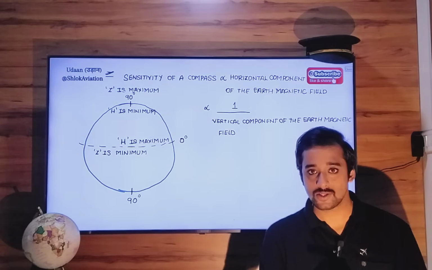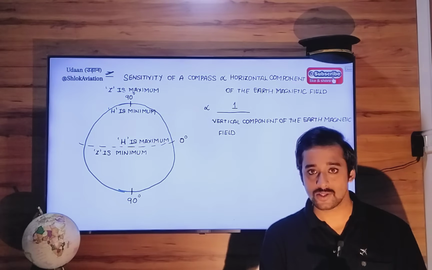As a result, the magnetic compass, which is directly dependent on the horizontal component, becomes less and less reliable as you go near the polar regions or to higher latitudes. So here the sensitivity can be affected. Sensitivity is nothing but the working mechanism. It can be affected by the horizontal component, the vertical component, both of the above. So the correct answer is option Charlie. It is affected by the horizontal component as well as the vertical component.